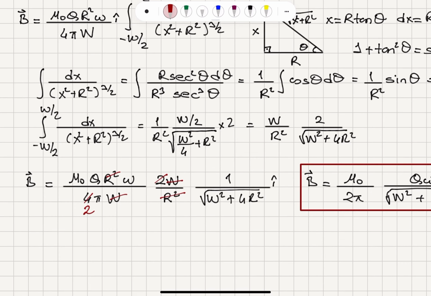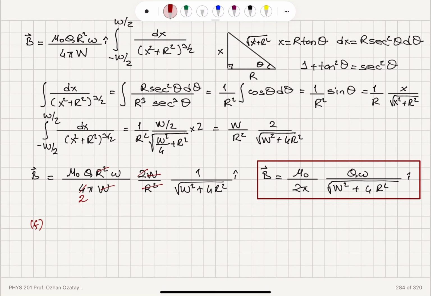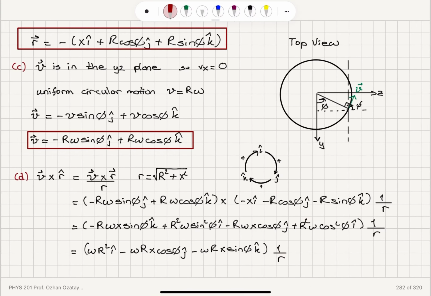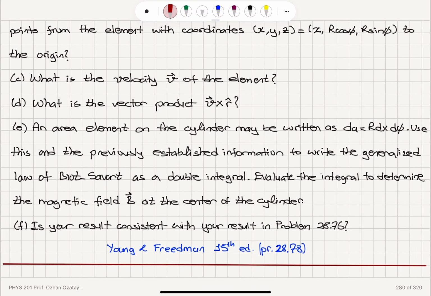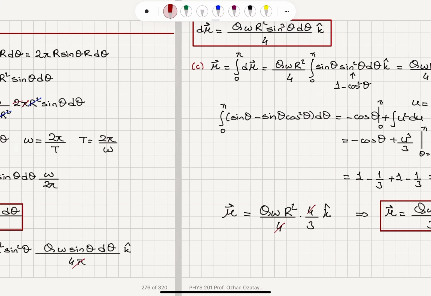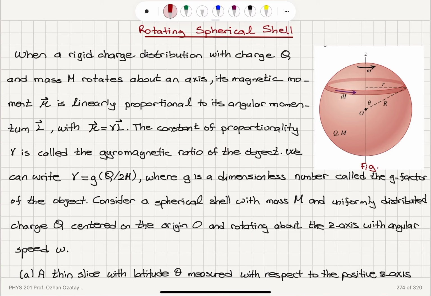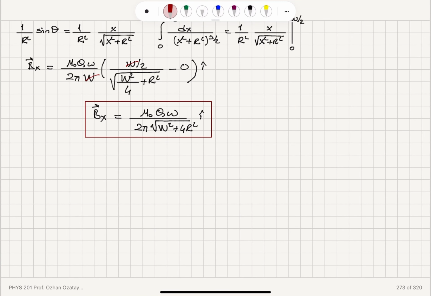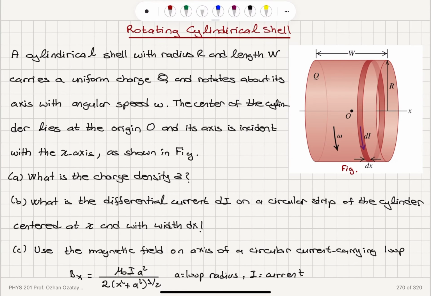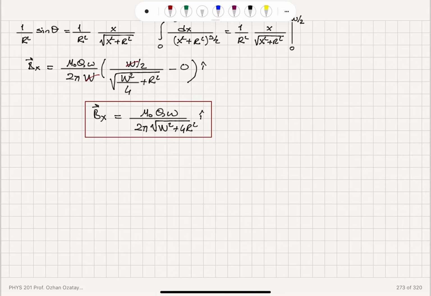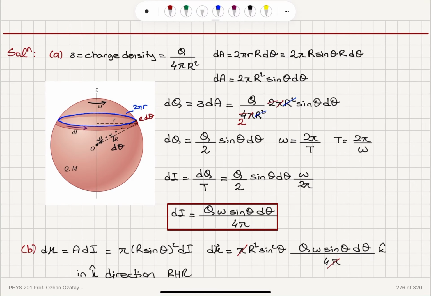Now our task in part F is to compare this result with that of problem 28.76. So this was 78, 77, here is 76, and that's the answer we have found for this rotating cylindrical shell. So it gives exactly the same answer, mu 0 Q omega divided by 2 pi square root of w squared plus 4R squared.